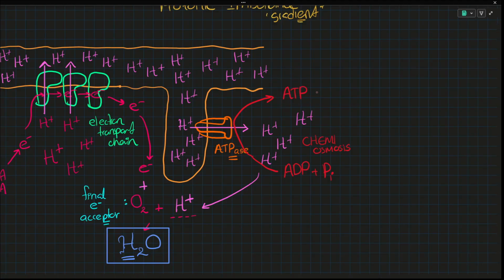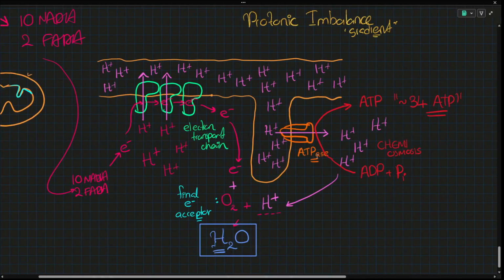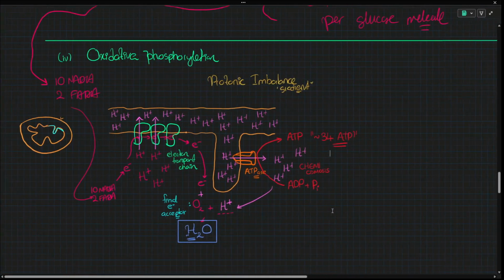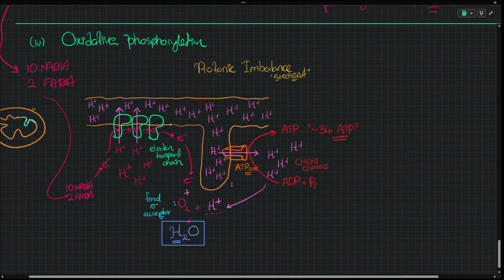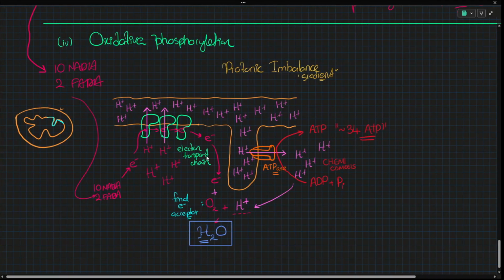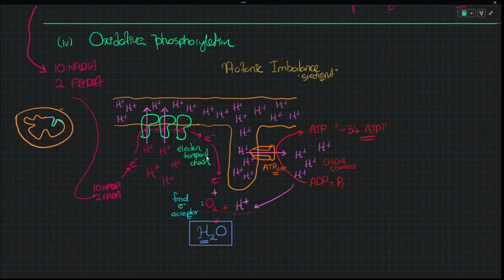And like we discussed, from this specific stage, we can get roughly 34 to 36 to 38 ATP molecules. It's not certain. Some textbooks will say lesser numbers, some textbooks will say higher numbers, but it's basically around this range. We are indeed producing a lot of ATP, and that is the final step of the oxidative phosphorylation pathway, and that is the final step of the stage of photosynthesis. I'm sorry, did I say photosynthesis? Respiration.